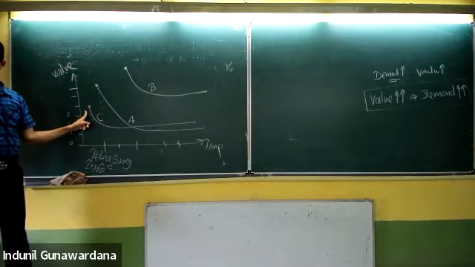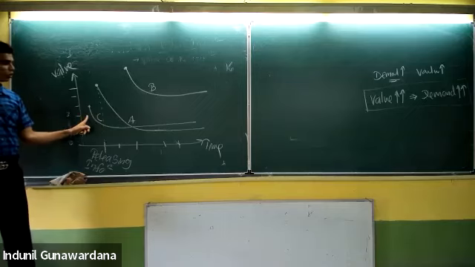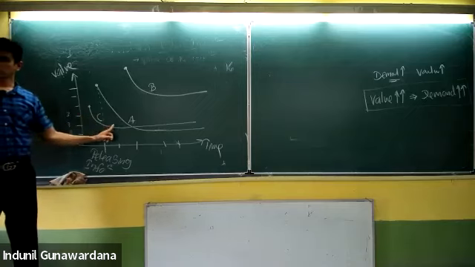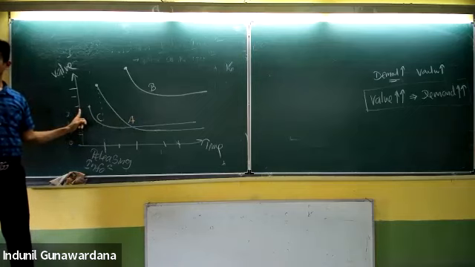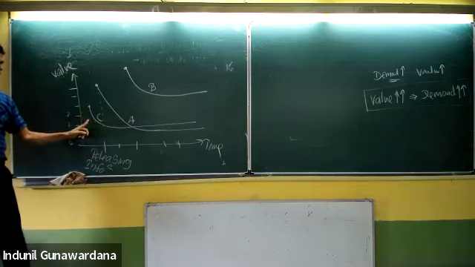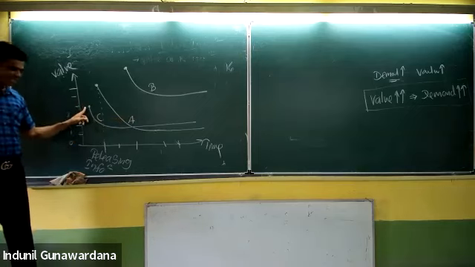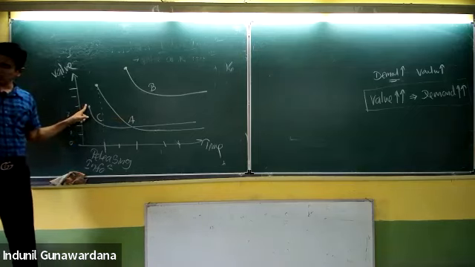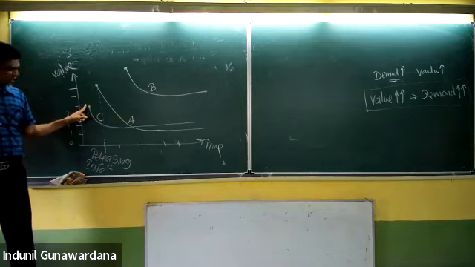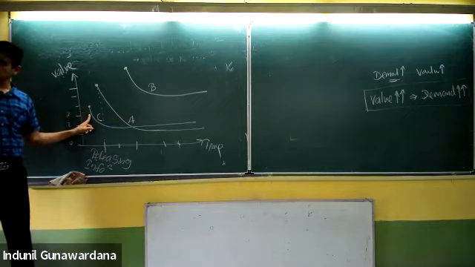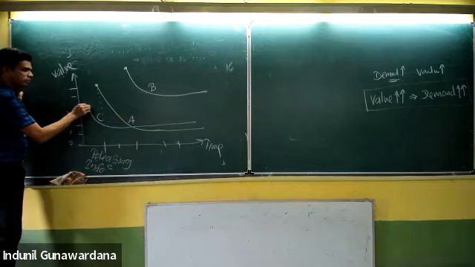Why not? Don't trust me, right? Then C, this is the place where we have the highest value. Then is the value reducing over the time? This is the highest value.